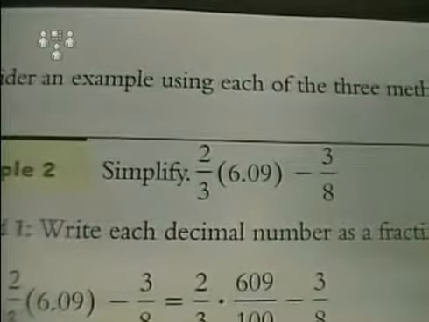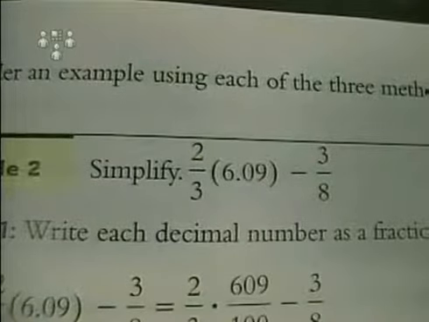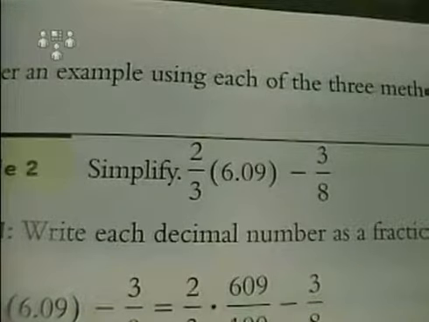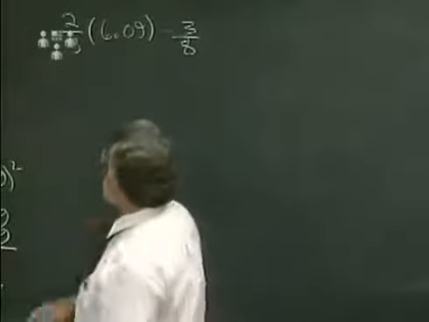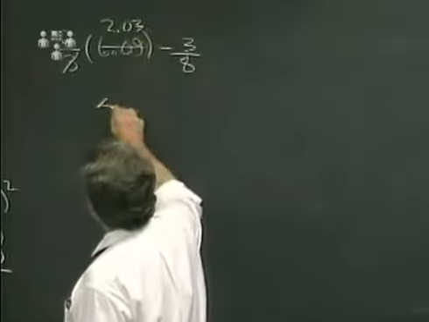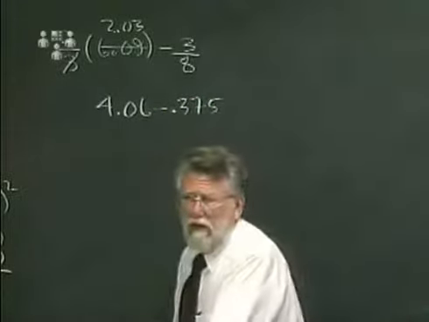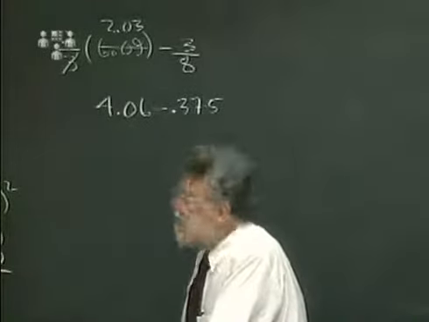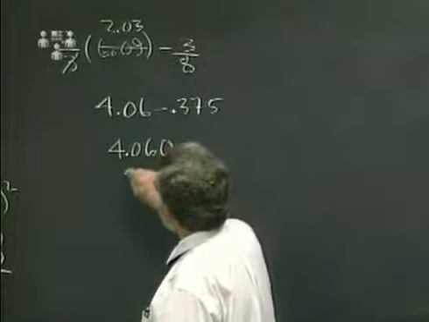So if I look at that from the standpoint of how I would approach it, what I'm going to do is write that on the board first. And it's just the idea of simplifying. Now what you're going to find down in the text is change it to a common fraction. But from a decimal point of view, you can see 3 going into there, 2.03. That's going to give you a 4.06 minus a 0.375, which you have memorized from your earlier work. 1/8 is 0.125, 3/8 is 0.375, and then you simply write this as 4060.